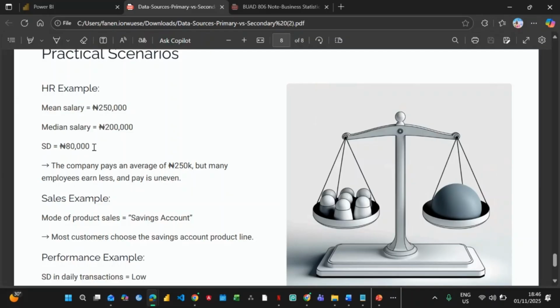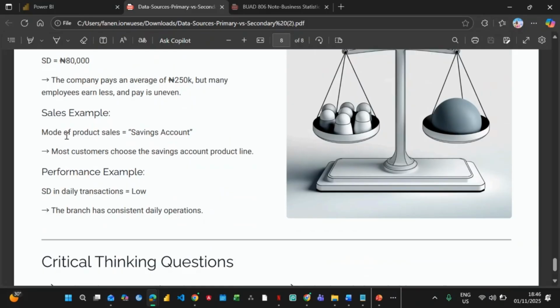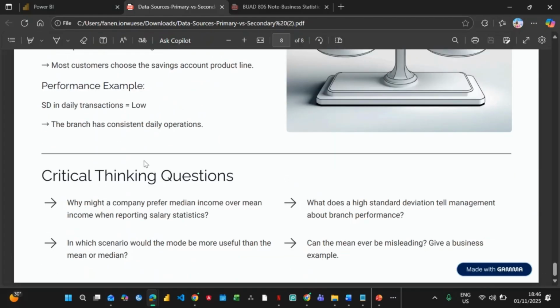You can see the mean is 250K, but the standard deviation is very far from it. In the sales example, the mode of the most sold product is the savings account, so most customers choose the savings account product line. In the performance example, the standard deviation in daily transactions is low. This is just a very simple thing.